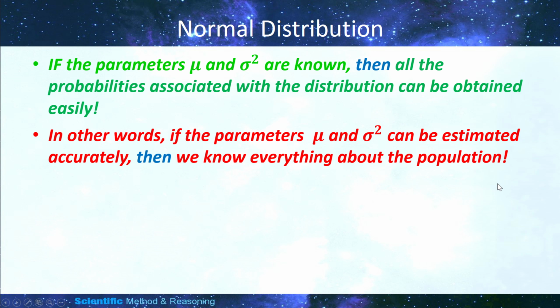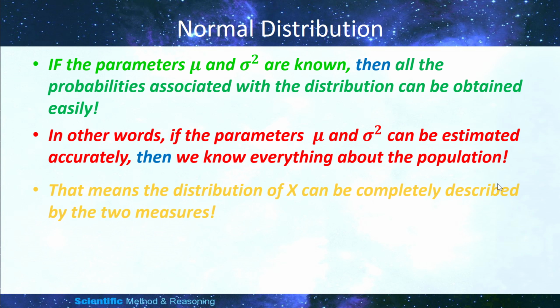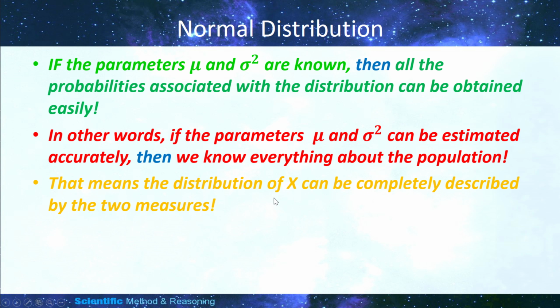That means the distribution of X can be completely described by the two measures. So when we talk about the sepal width of the iris, all we have to do is to mention the mean and the variance of the sepal width. Then everybody knows the distribution.